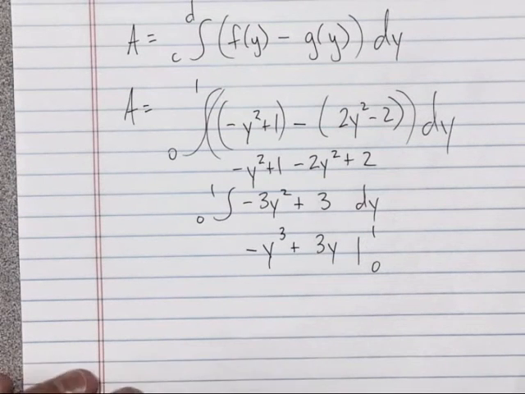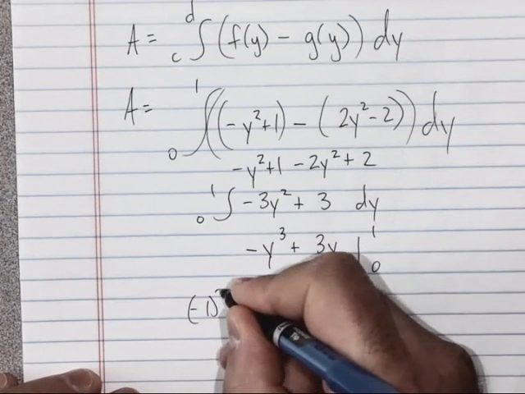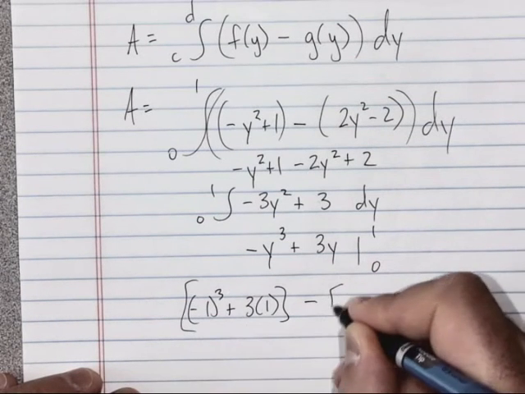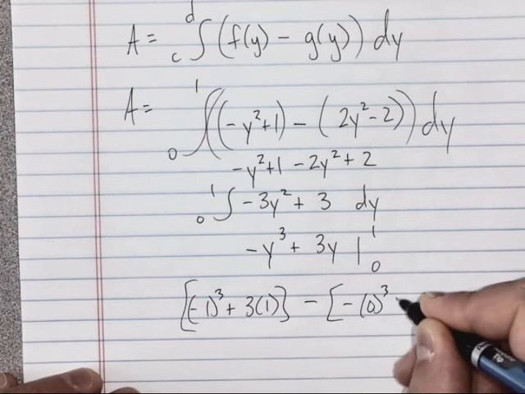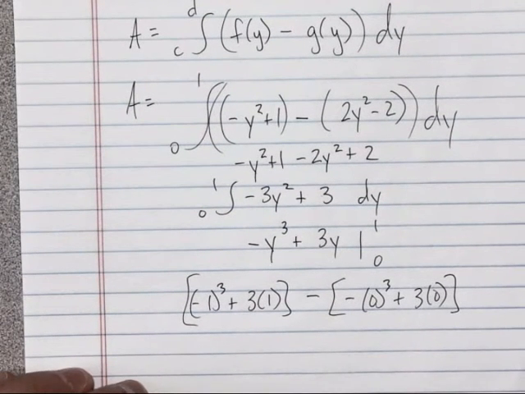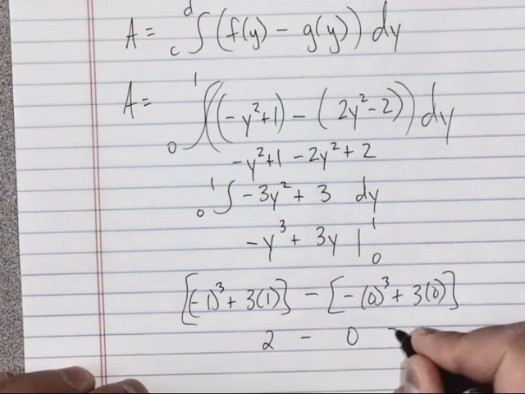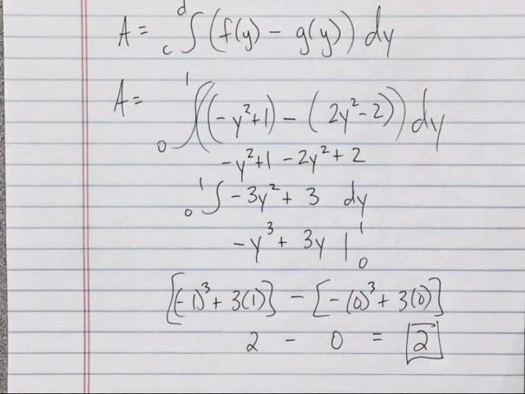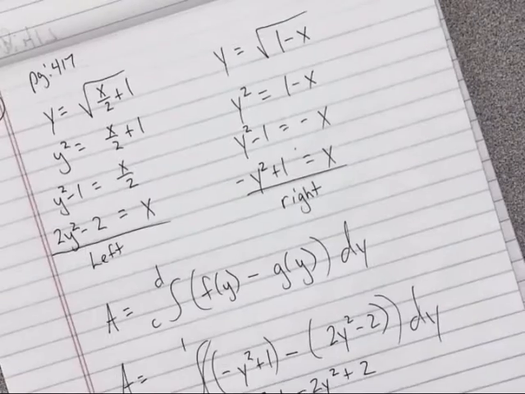Plug in our 1 here, plug in our 0. So we end up getting 2 minus 0, which equals 2. So that would be our area. All right, so we have found the area between two curves, both with respect to x and with respect to y.